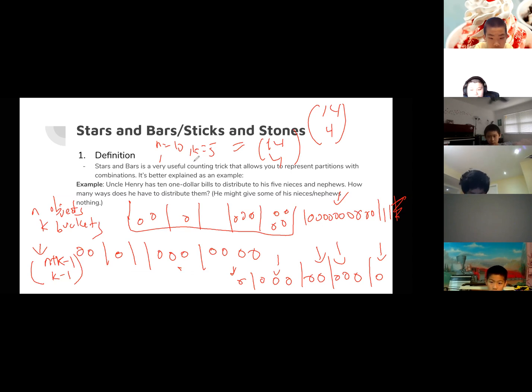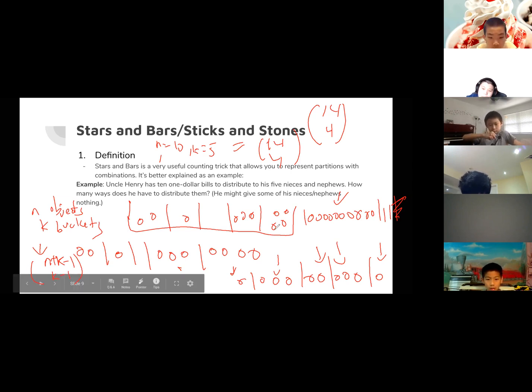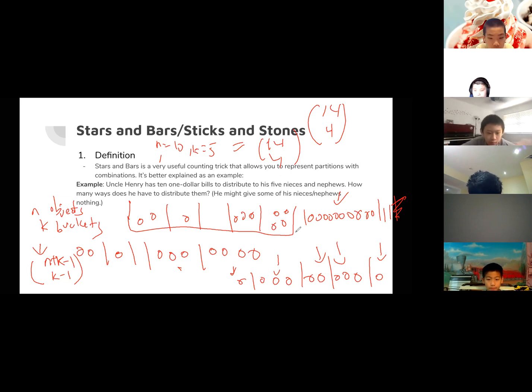So if you just take a look at the dividers and put these in order, you can see, for example, that in this case you can get it into something that looks like this. Because you always have 4 dividers between the 5 buckets and 10 objects, it'll always have 10 stars and 4 bars. And for everything that has 10 stars and 4 bars, you can turn it into a distribution of these $10 bills.